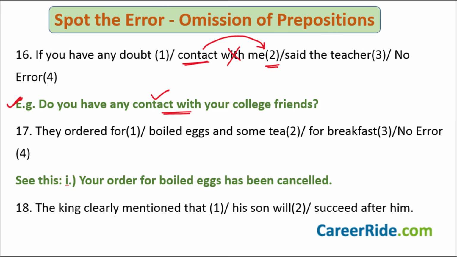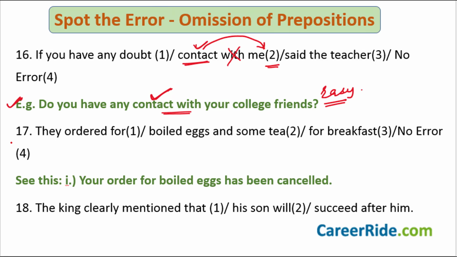Because this word contact here, it is not acting as a verb here, right? So I'm saying, do you have any contact with your college friends? But contact me. Contact me means take this action. Do what? Contact me. Take this action. That is what the verb does. Okay. I hope this is becoming clear to you. And if you pay attention, as I've always told you, this is pretty easy. There's nothing difficult. All that you have to do is you have to pay attention to these things.